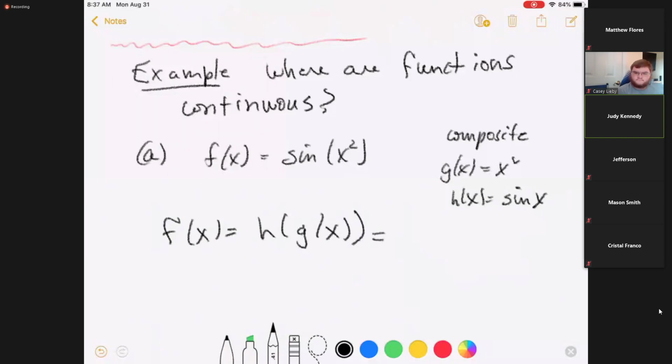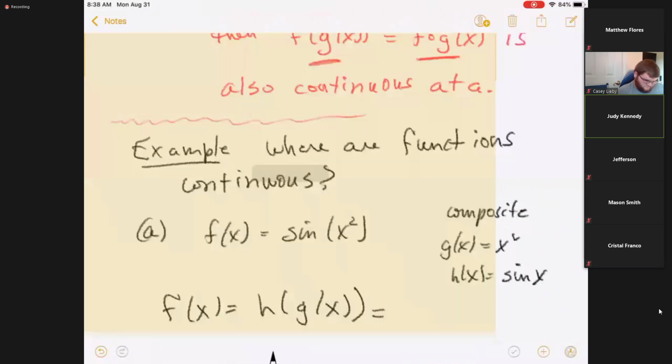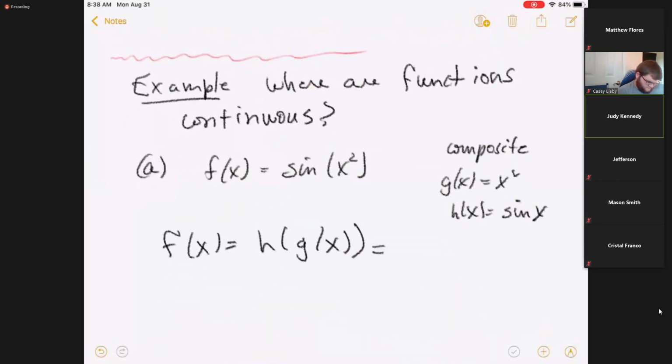This is not a product of these two functions. It's a composite because I'm putting g inside h. I'm sorry, my skills deteriorated over the 4-day period. So g of x is x squared, I replace that for g of x. And then h is the sine of x, so I put x squared in the place of x. And there you have it.